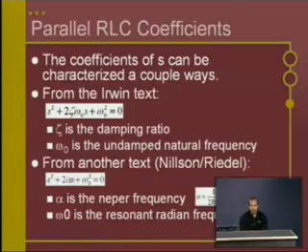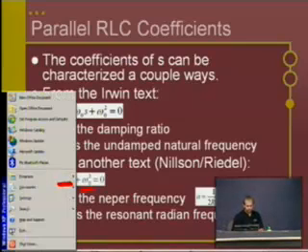When I thought about how I learned this material, and how Dr. Mbardar teaches it, I don't think anybody in this department uses that. What we use is a slightly different version, which comes from the Nilsson and Riedel textbook, where they characterize those coefficients as, instead of zeta times omega naught, 2 alpha times s and then omega naught squared.